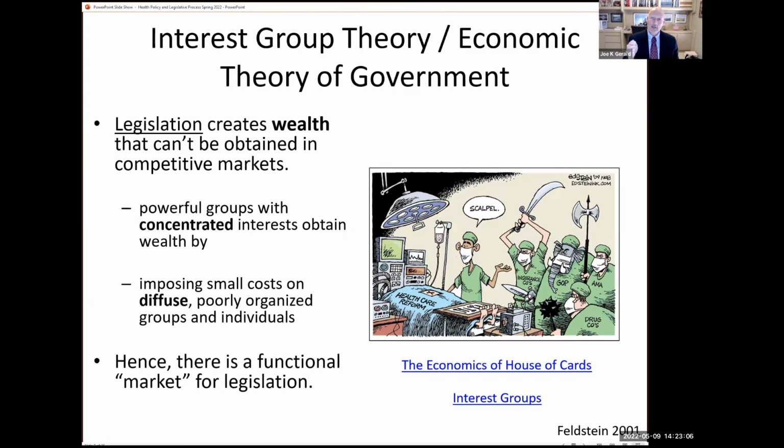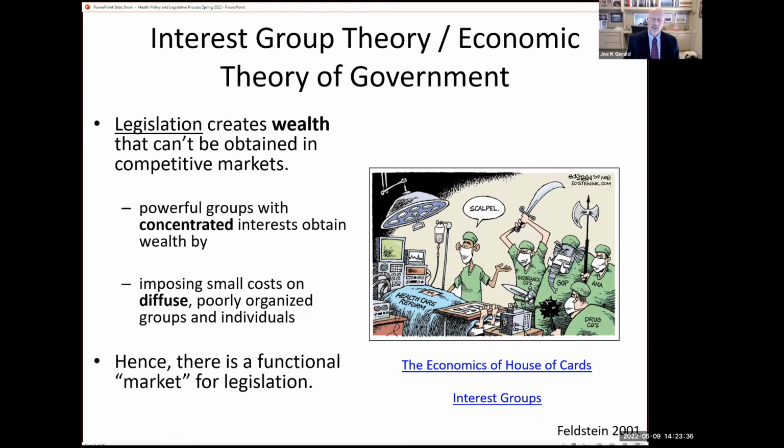And so this legislation or regulation will serve the interest of the business community, or at least it will serve the interest of powerful groups who have concentrated interest to obtain wealth through the exercise of political power. And they extract that wealth by imposing small costs diffusely on poorly organized groups and individuals. And so that would be me as a regular citizen.